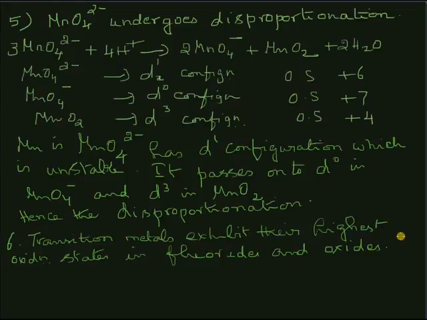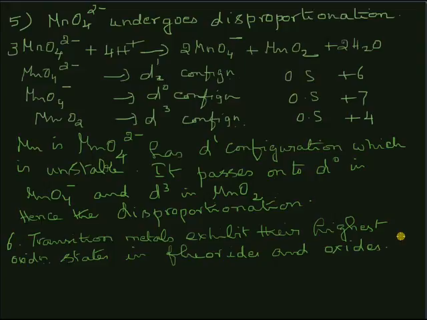Having written the answer, let us pass on to the sixth question. Transition metals exhibit their highest oxidation states in fluorides and oxides. When we say fluorides and oxides together, what comes to your mind? It's their high electronegativity and small size, isn't it? That is actually the reason.